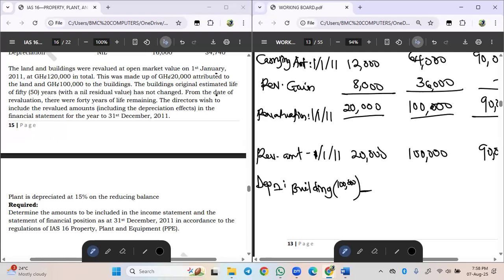And also, from the date of revaluation, there were 40 years of life remaining. So that one will be divided by 40 years. So for building, 100,000 divided by 40 will give us 2,500.